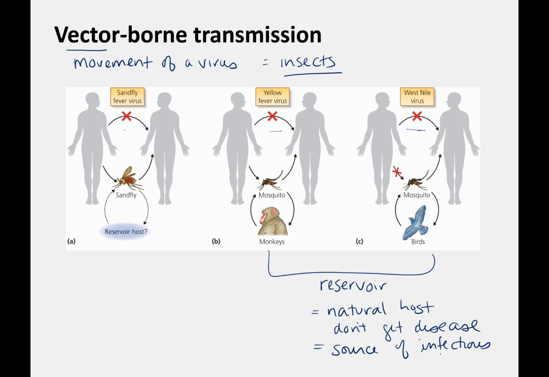So in this case for viruses, they harvest the virus that can then be transmitted through a vector such as a mosquito or a sandfly or a tick. These guys are usually called the carriers. So they're carrying the virus from person to person or from animal reservoir to person.